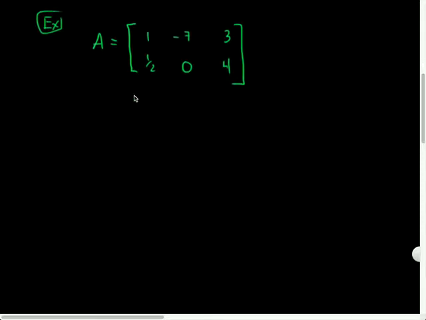There's a couple different things you can pull from this matrix. One of them is you can know the size of the matrix, which is the rows cross the columns. In the case of this matrix, how many rows are there? There's 2.